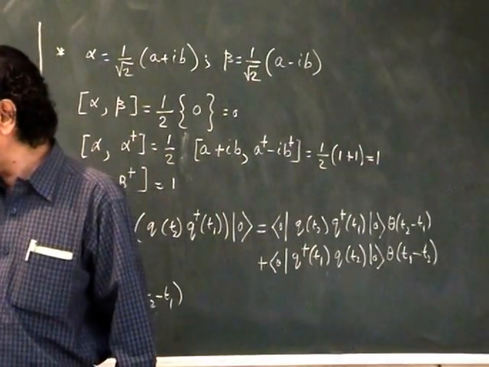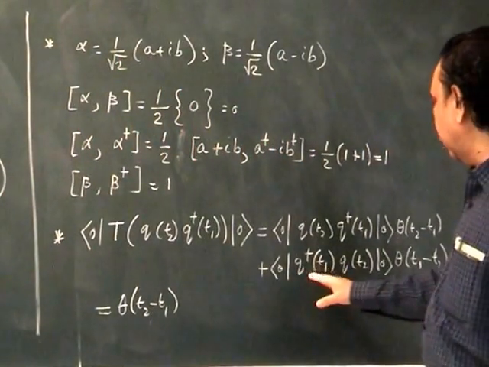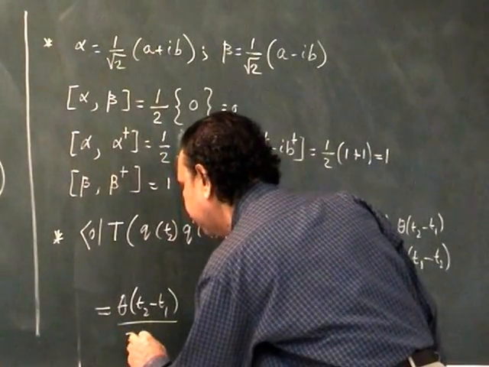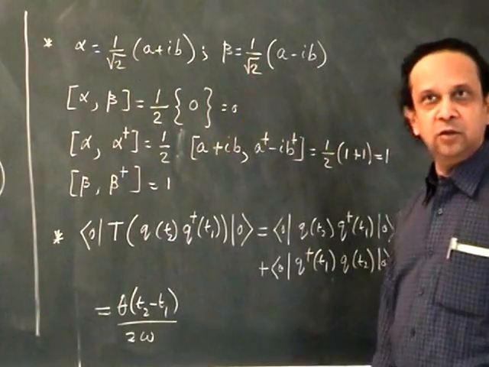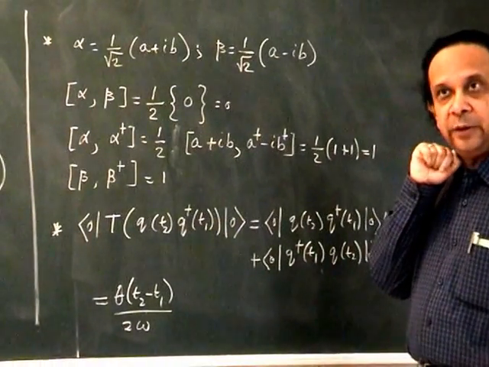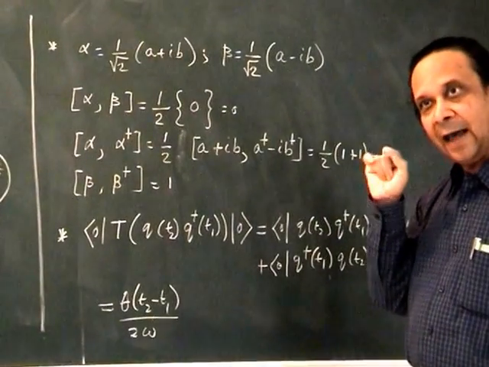So you will have only alpha dagger coming. And ultimately I am going to have two Q's in all of them, so I will as well put a 2 omega here, from the 1 over root 2 omega. So it is only the alpha term which is going to contribute, but the alpha term is going to contribute in the form of alpha dagger.